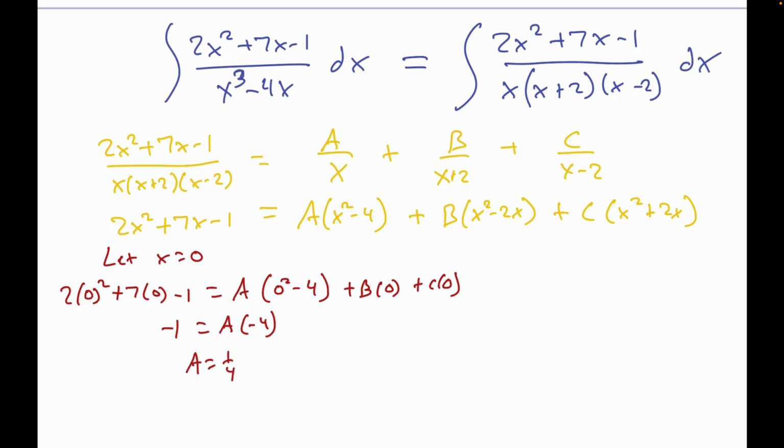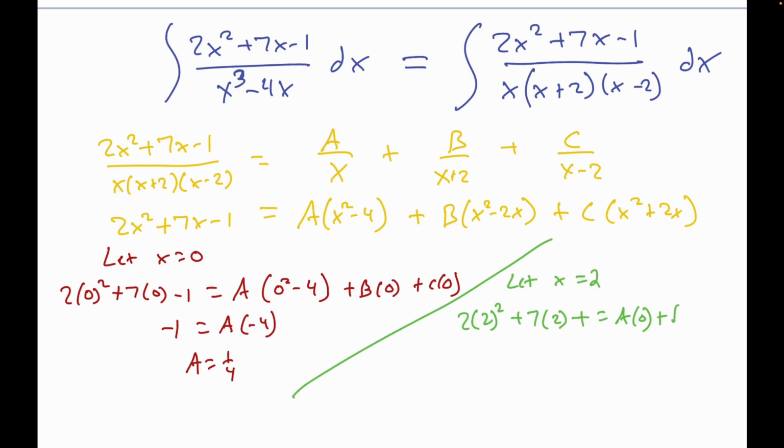All right, so now we're going to keep doing this with our other terms. Let's let x equal 2, that'll cancel out the A, and that'll also cancel out the B. So now we're going to be solving for C. So here we go, 2 times 2 squared plus 7 times 2 minus 1, and the A goes to 0, right? 2 squared minus 4 is 4 minus 4.